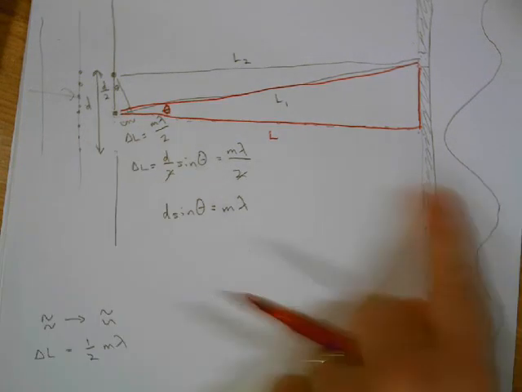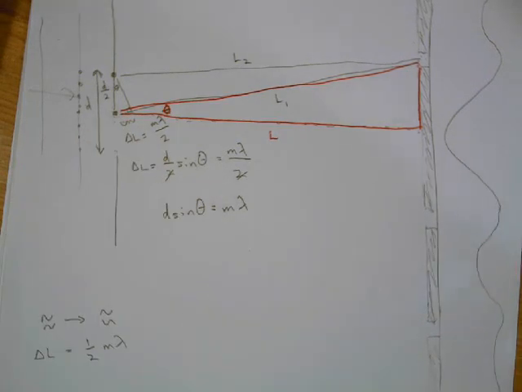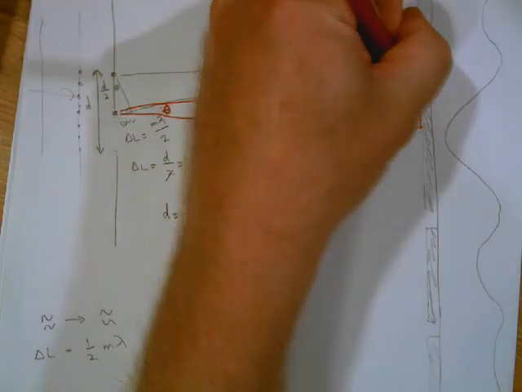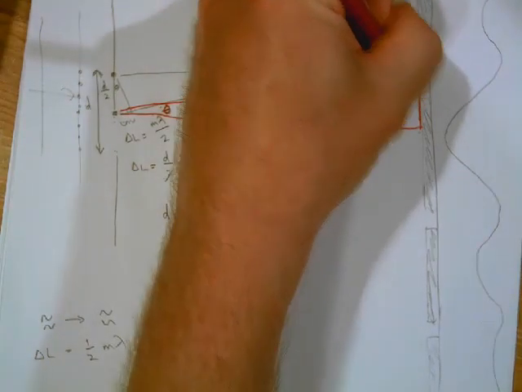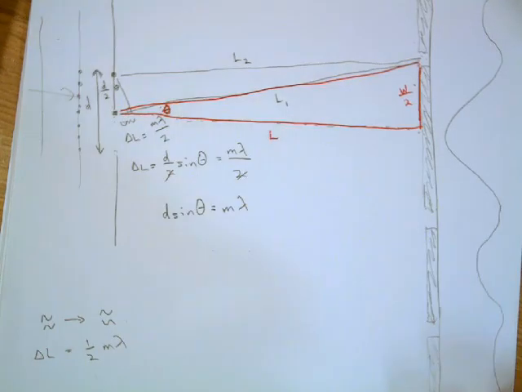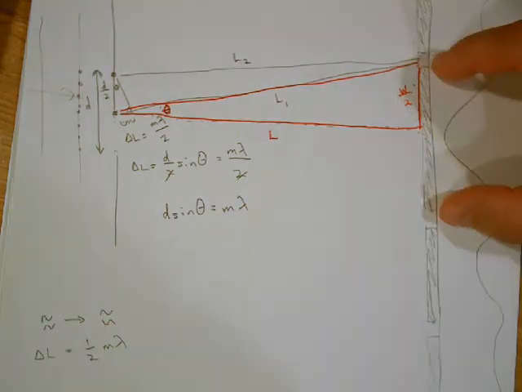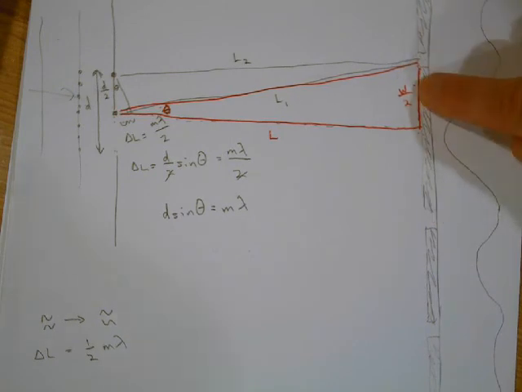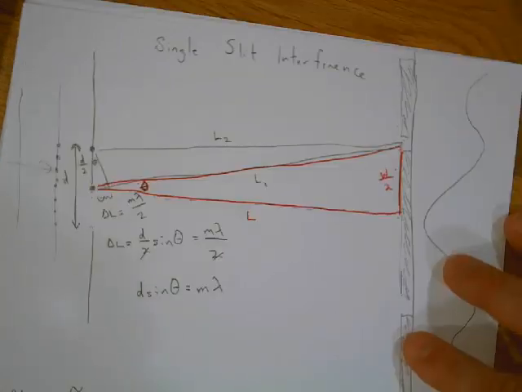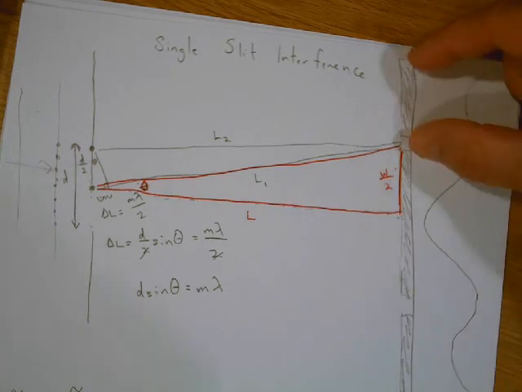Does everybody see, if I know this L, which usually they give to you, the slit is this far away from the wall or the screen, and I know that theta, I can use my mad trig powers to solve for this distance. And I'm going to call this distance W over 2, where W is going to be that whole thing. Does everybody see that? Well, if you solve for this, all you've got to do is multiply it by 2, and now you have the width of the central maximum.